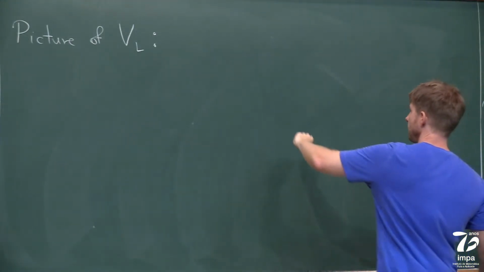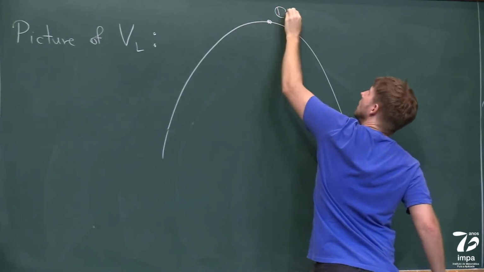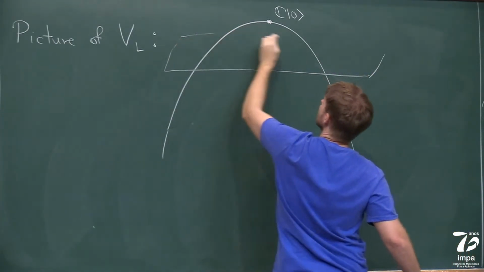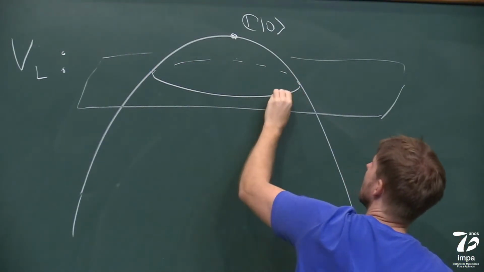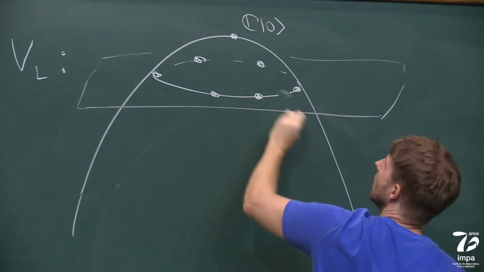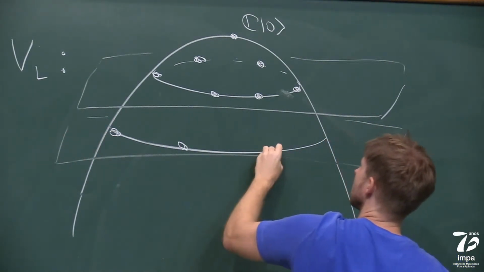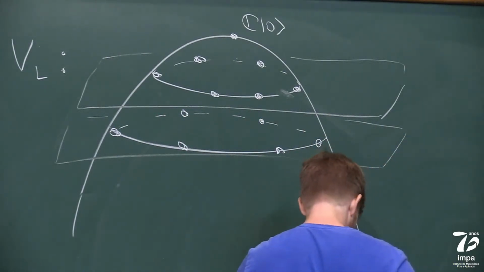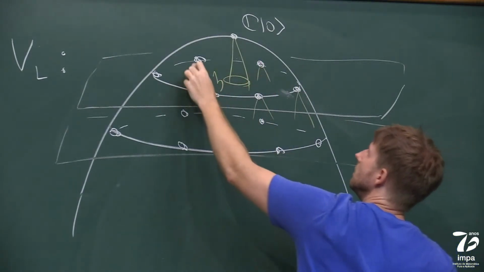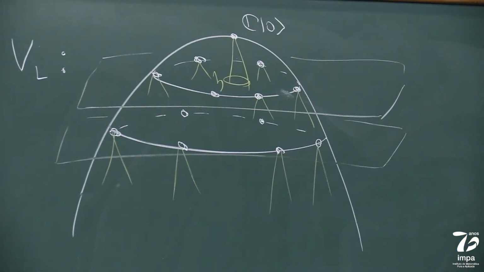So this kind of visual representation of V_L. Okay, so this is kind of what these lattice vertex algebras look like, right?